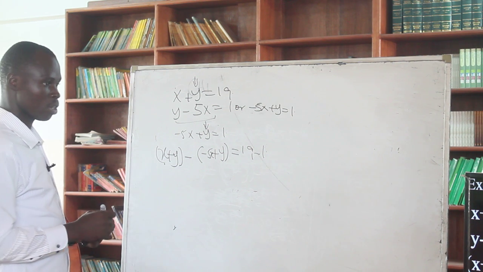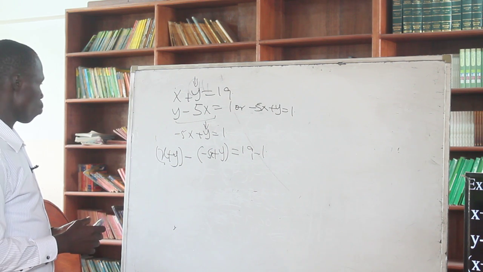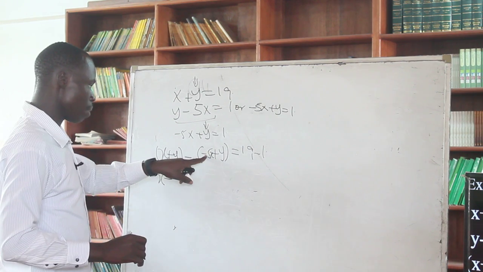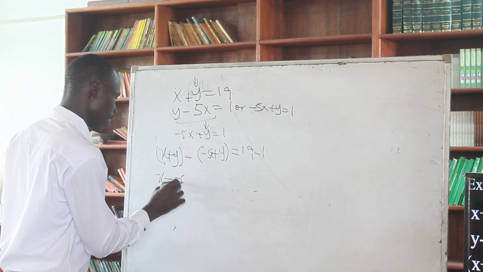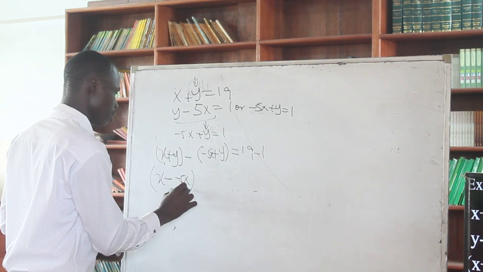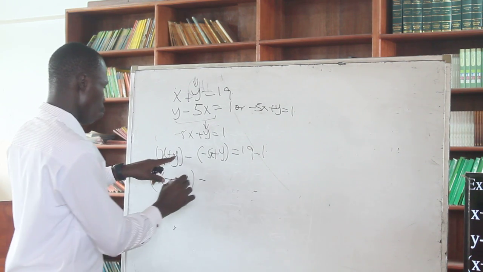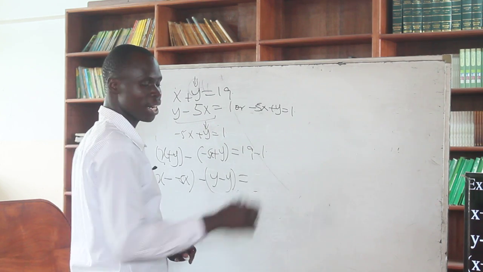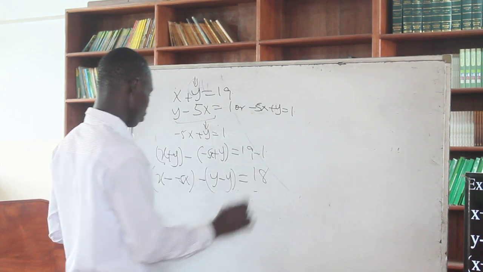So what happens next? We can say x minus, and remember this is minus 5x, minus 5x, minus y minus y is equal to 19 minus 1, which is 18.